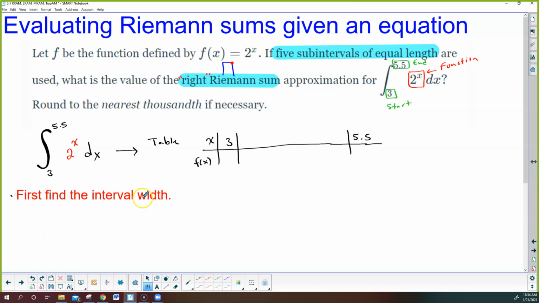But it says find the interval width. Well, anytime you want to find your interval width, take your end value minus your start value, and then divide by the number of intervals that we have.